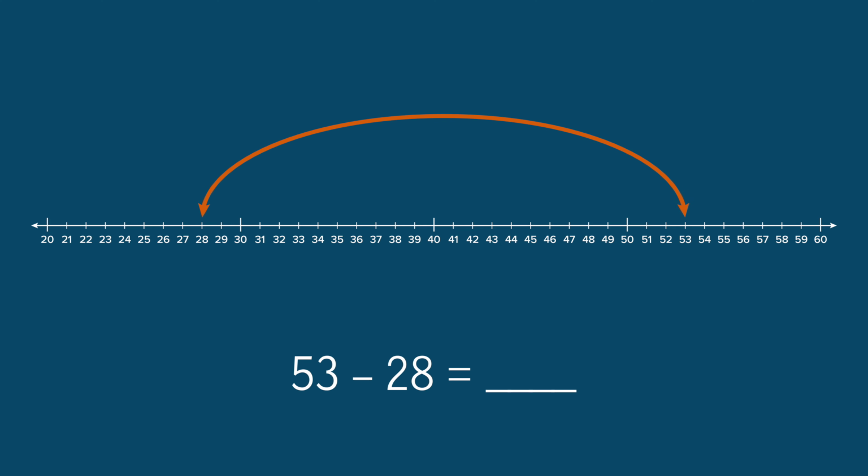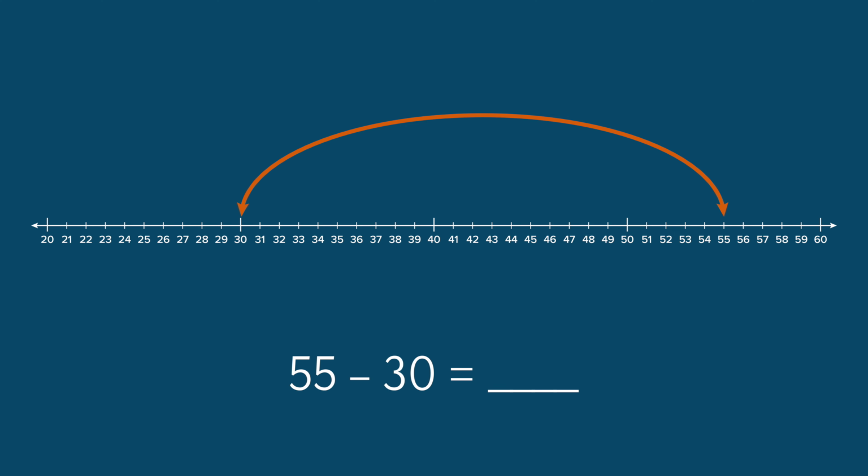If I don't like using these messy numbers, then I can change each total while keeping the difference exactly the same. This becomes evident as I slide the jump one way or the other until I find two numbers I prefer to work with. Let's slide it to the right until we land on at least one number that is less messy. Now we have 55 and 30.